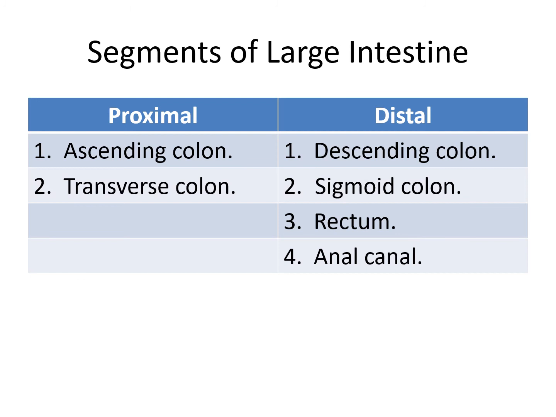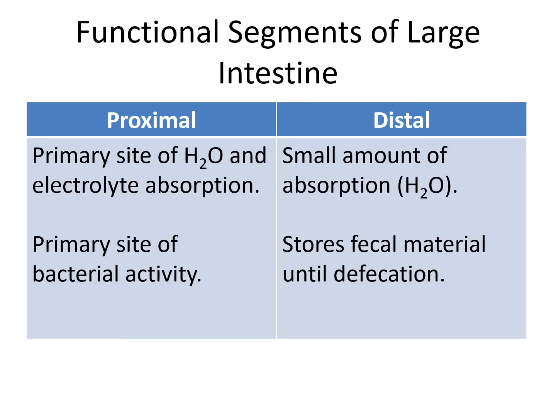So before we mention the functions, let's describe what areas of the large intestine belong to each. The proximal large intestine includes the ascending colon and the transverse colon. The distal segment of the large intestine includes the descending colon, the sigmoid colon, the rectum, and the anal canal. So this is how the large intestine can be divided into proximal and distal segments.